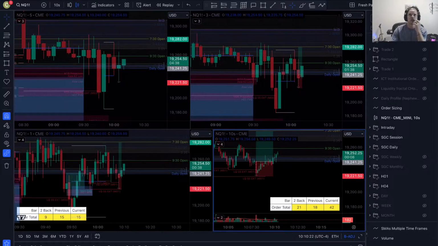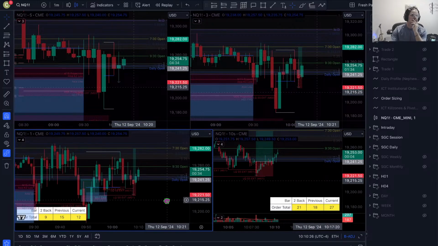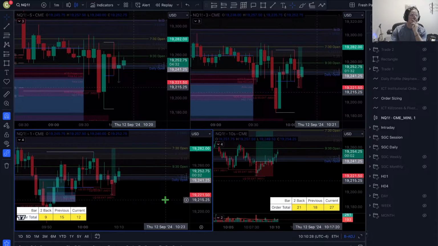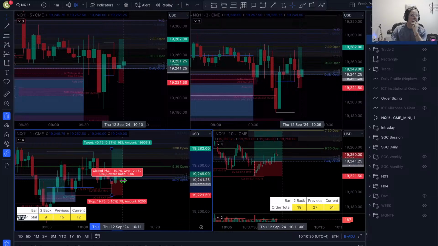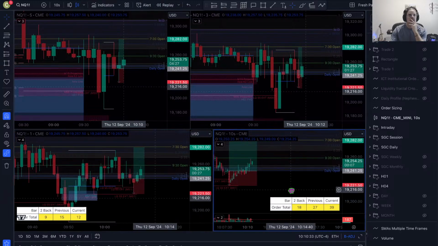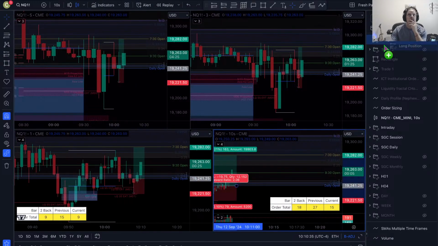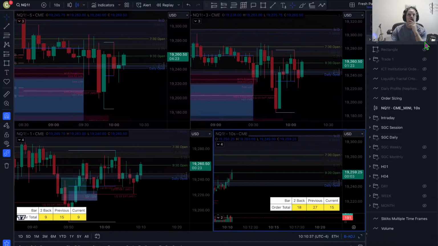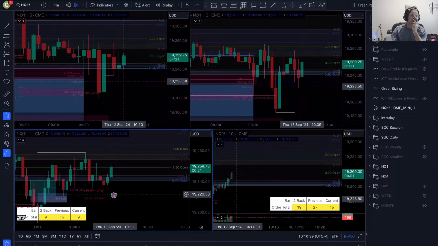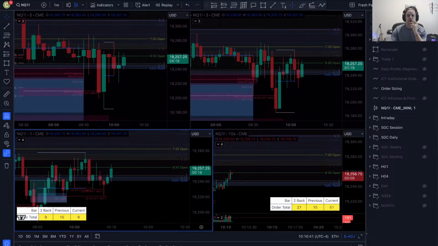That was my opportunity to enter. That's all right. We don't have to catch the bottom here. That was the trade idea. Back to 930.